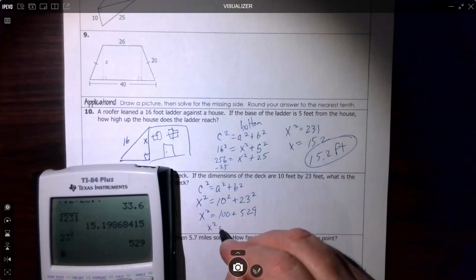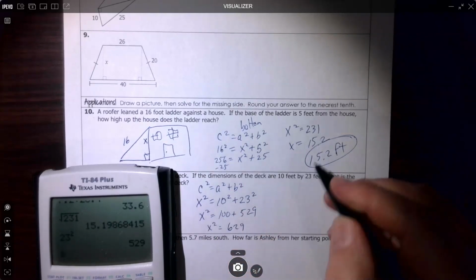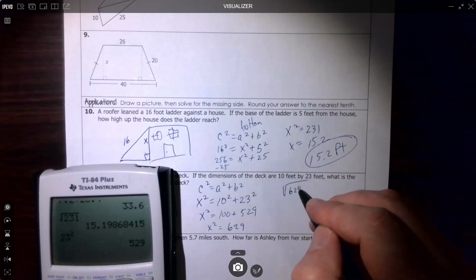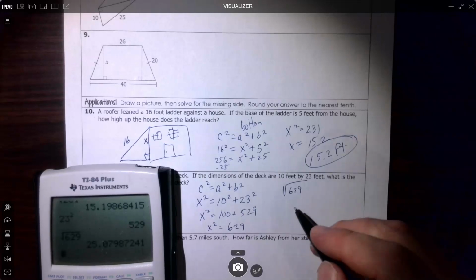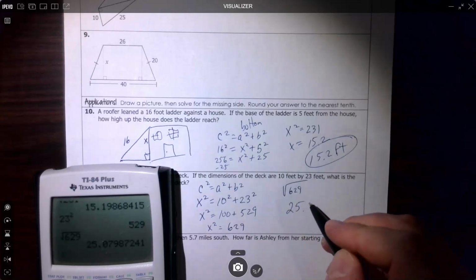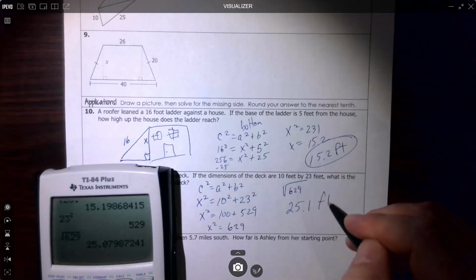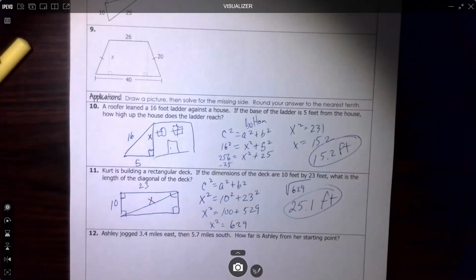So x squared is equal to 629. The square root of 629 is 25.1 feet. That's its diagonal.